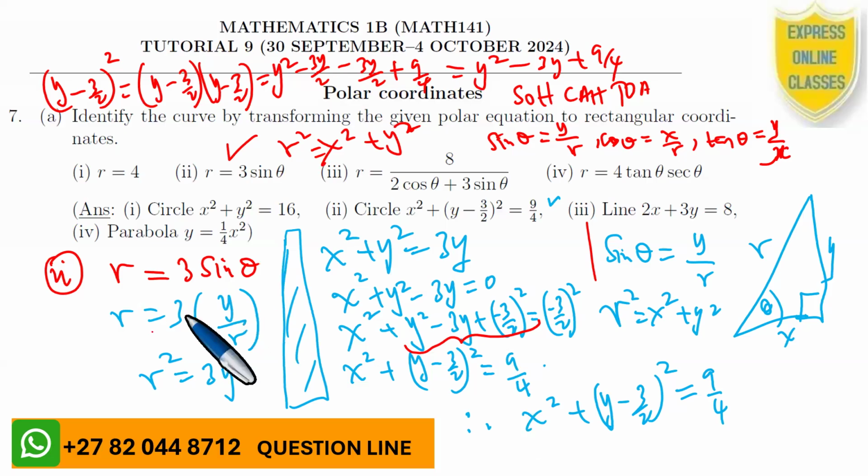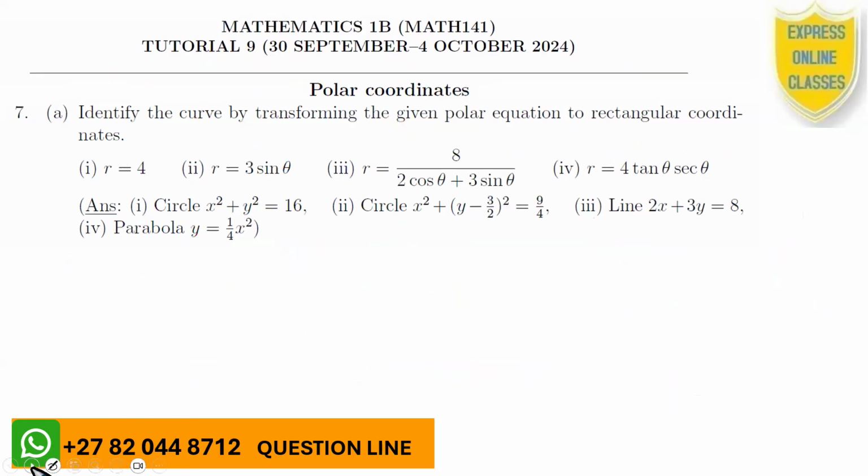We can do it again. Doing it again, we start with r equals 3 sine theta. We're starting from scratch. Because we have sine theta, what is sine theta? It is y over r, always.